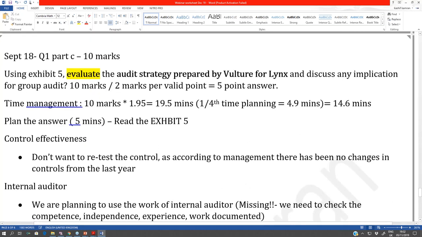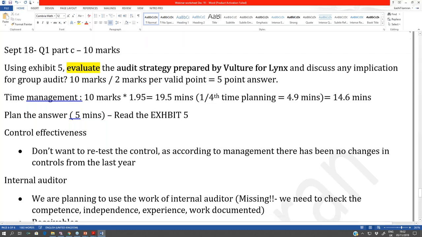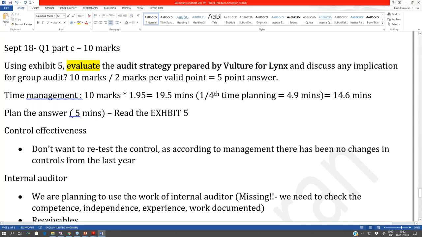But do you realize that such questions are just your intelligence in the exam hall? Using the exhibit 5, there was something given in the exhibit 5, and when you read the exhibit 5, you got to know that there are some obvious problems in the audit strategy which has been prepared by Vulture, and you were evaluating those obvious problems.